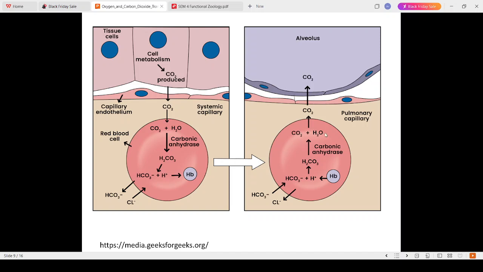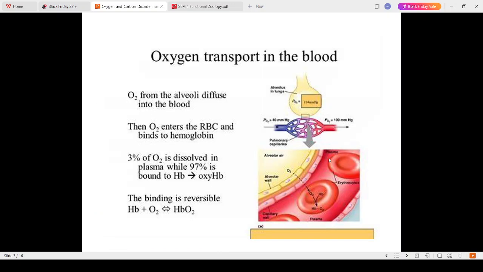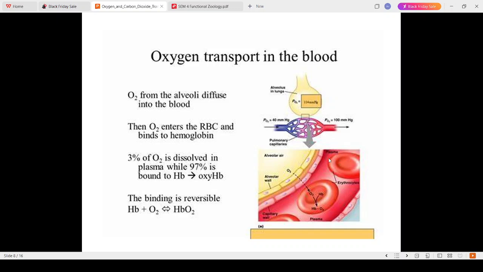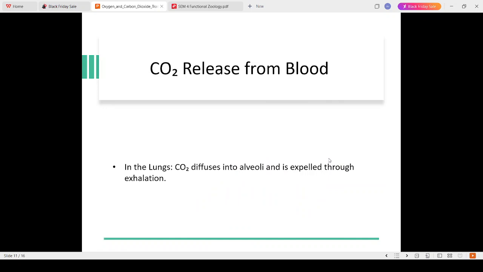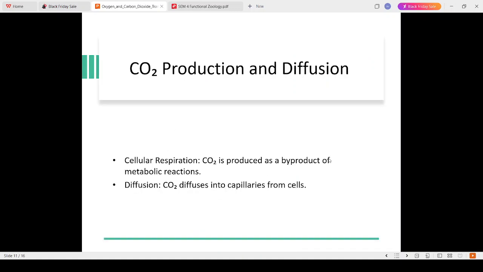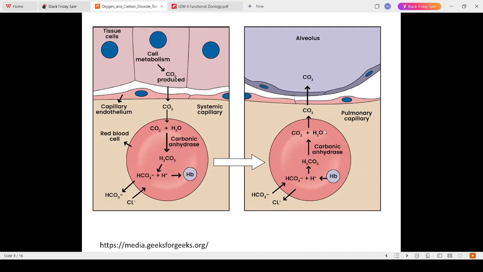So the carbon dioxide will be carried in this form when it is reaching the alveoli. Here you can see the picture. When it is reaching the alveoli, carbon dioxide has to be eliminated from your body, and for that this mechanism is taking place.